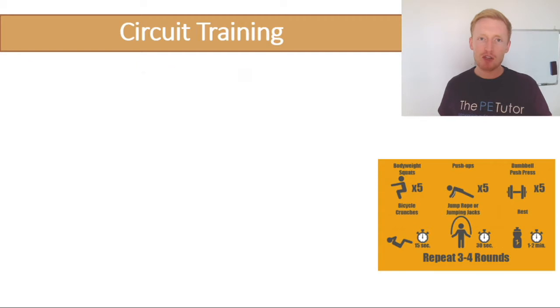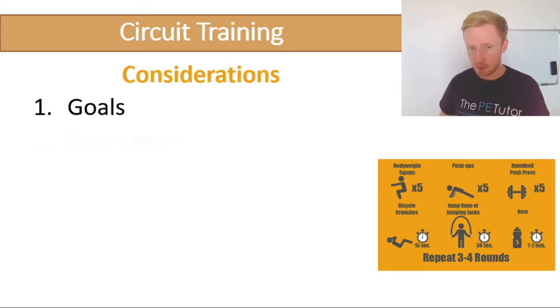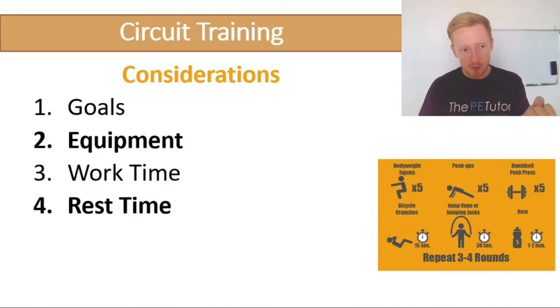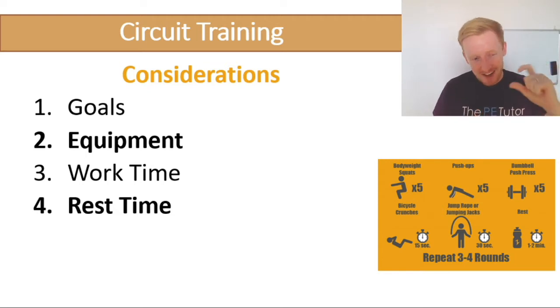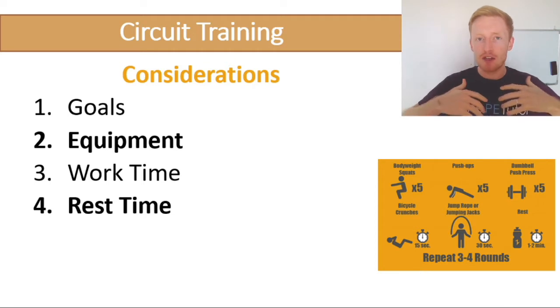Now, we have mentioned there about the rest, we definitely mentioned about the goals there, whether or not it matches up with the person's sport, but we also need to work out how much resting time and working time we're spending on each station and in between each station, because playing around with those can determine the intensity at which the person is training.